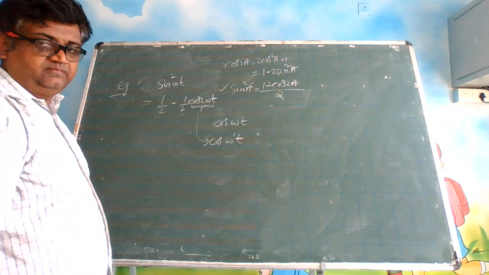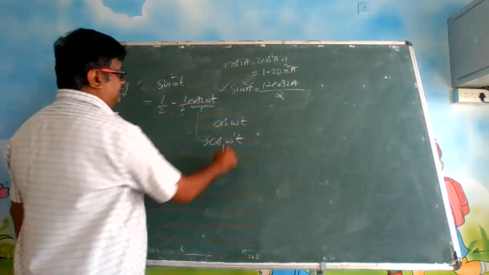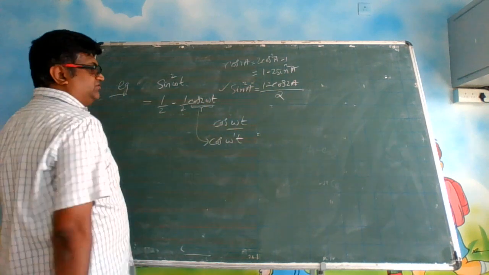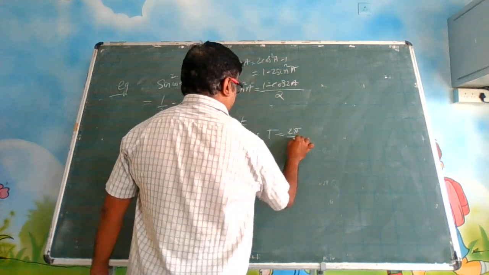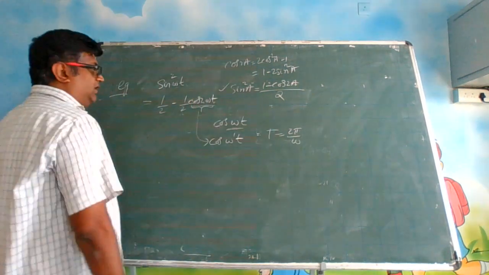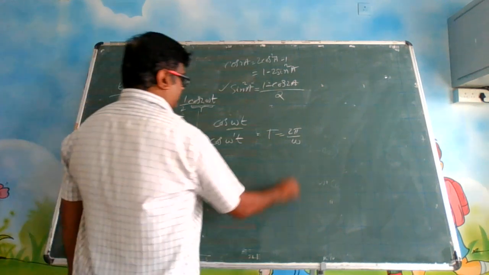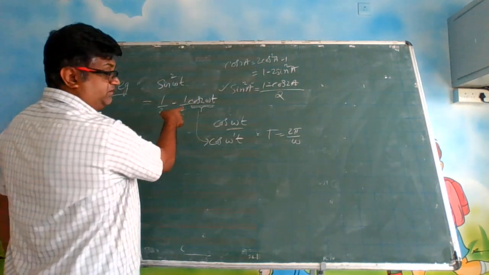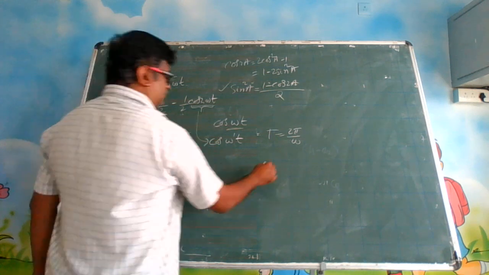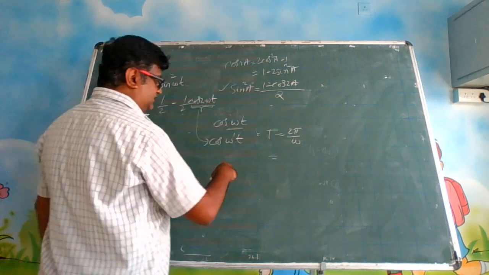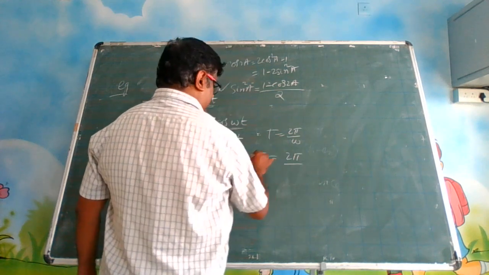In our standard case, the time period was T is equal to 2 pi by omega. But in our question, instead of omega, we have omega dash. So what should we write in our case? T should be equal to 2 pi by omega dash.